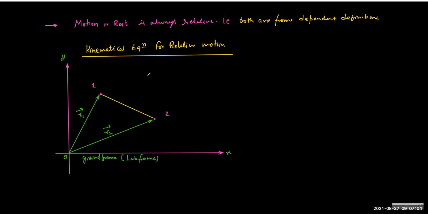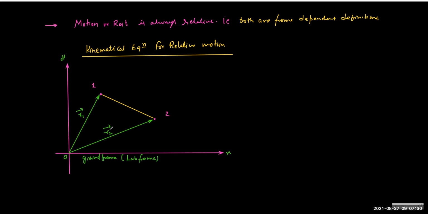First of all, we need to understand some notation. R1 is representing the position vector of 1 with respect to the origin. R2 is representing the position vector of 2 with respect to the origin, and 1 and 2 are called subscripts. I hope you know this term, subscript. We call it single subscript notation.